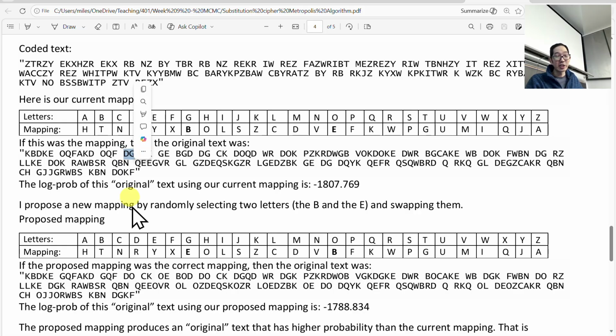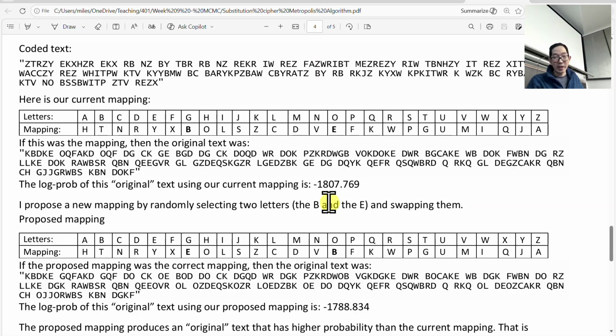And over here, the R is still D, but this B goes to O. And so instead of DG, we get DO. And so over here, we have BGD, and over here I have BOD. And over here, we have a few things where words like DO appear and stuff.